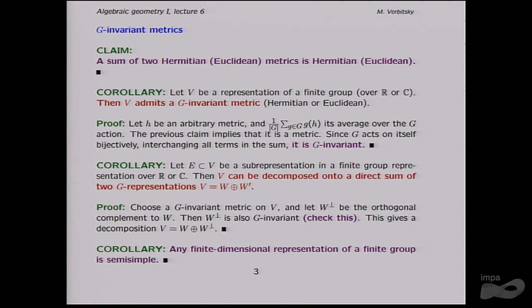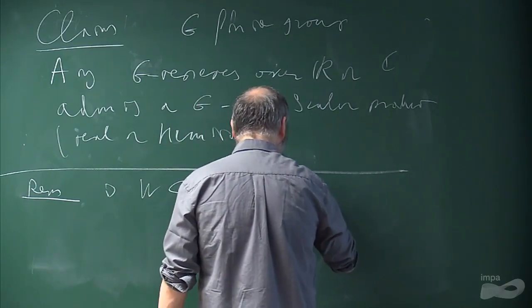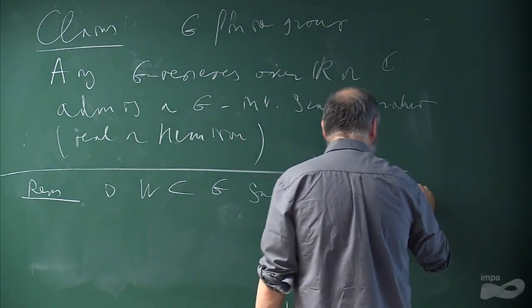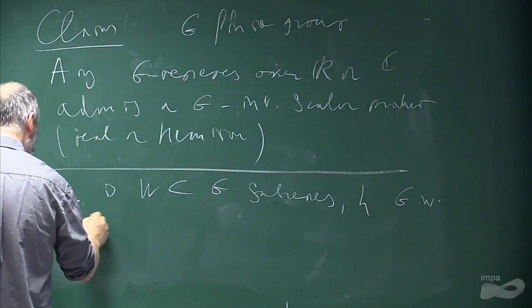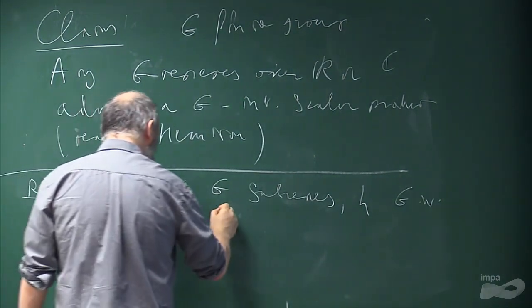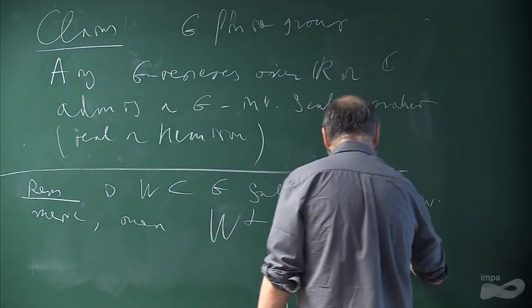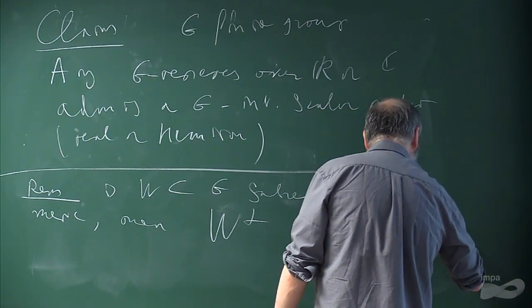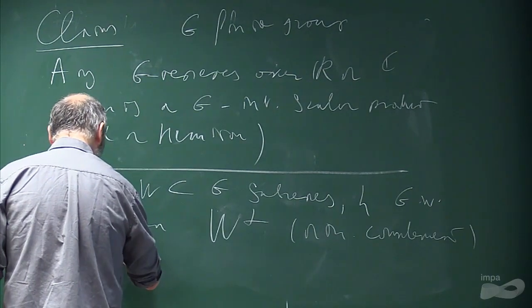Okay, now if you have a subrepresentation, remark: if W inside V is a subrepresentation and h a G-invariant metric, then the orthogonal complement of W is G-invariant.